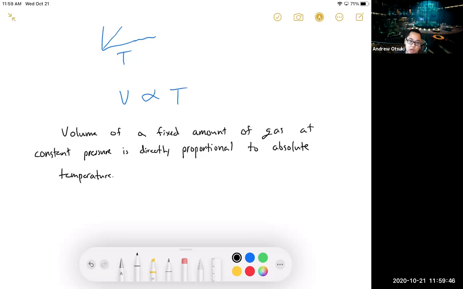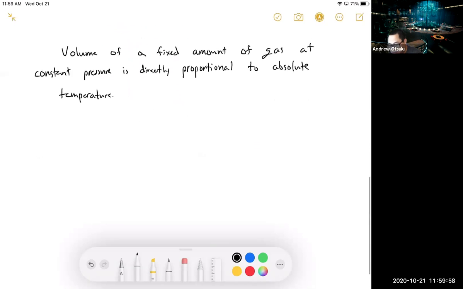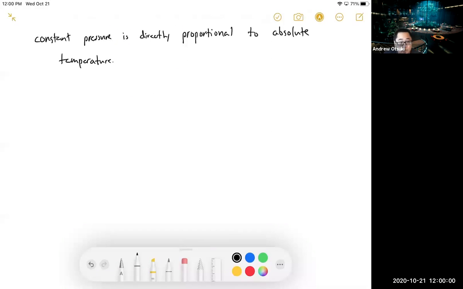They do talk about proportionality constants, but all right, let's just go over this part. When we're talking about something being proportional to something else, if they're directly proportional, when one increases, the other variable must also increase.